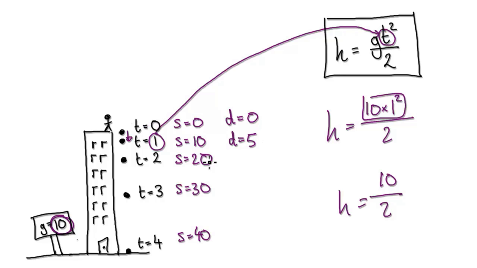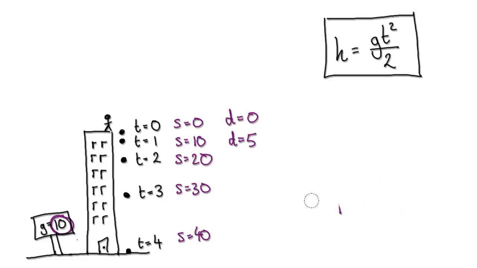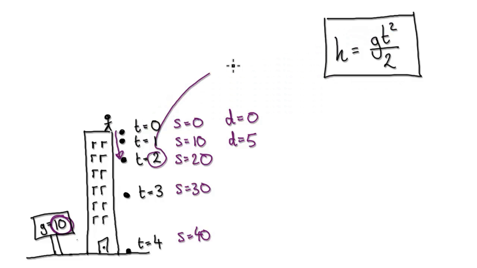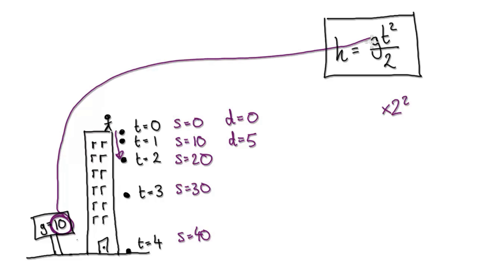And then when time equals 2, let me just clear this up. When time equals 2, this is the distance traveled here. So we would use this formula to work out the distance traveled. Put 2 into this t here, because when time equals 2, so 2 squared, and then put 10 into gravity here.